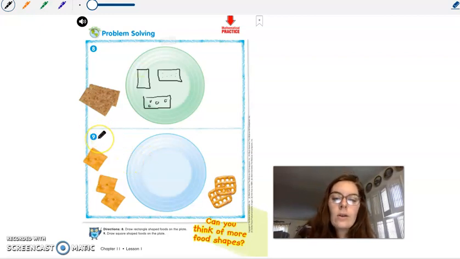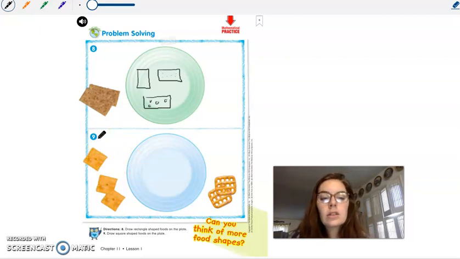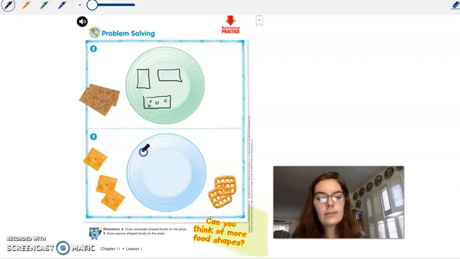Number 9, we're going to think of food shapes. We're going to draw square-shaped food. Right here, I see a Cheez-It. Yummy, yummy. Right here, I see some pretzels. Also delicious.